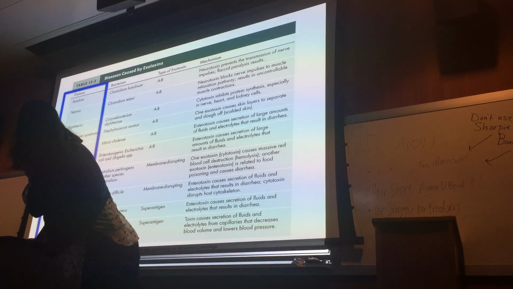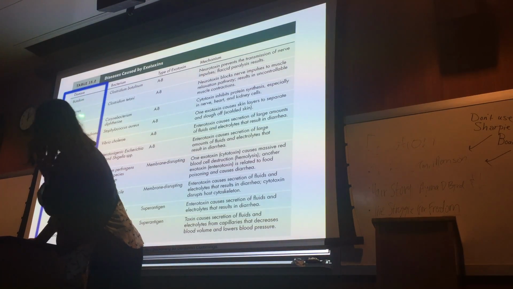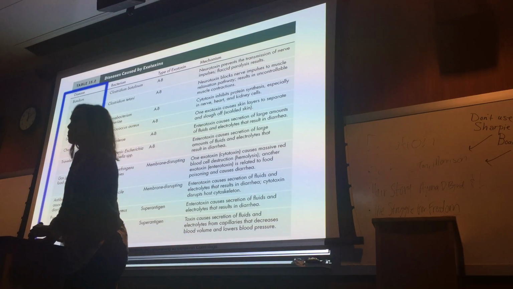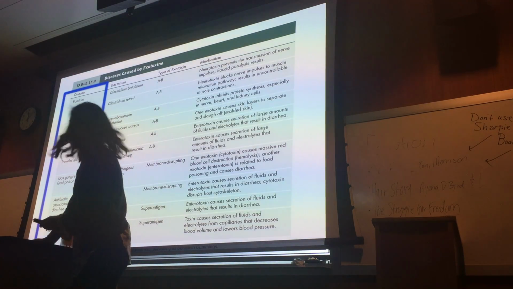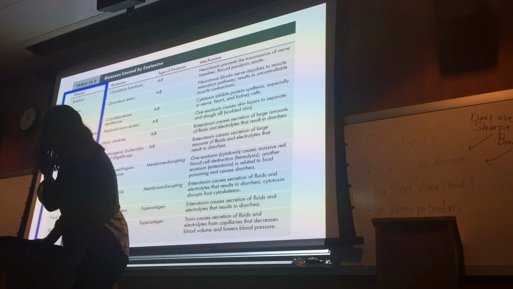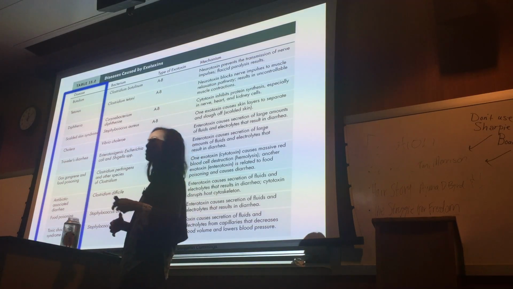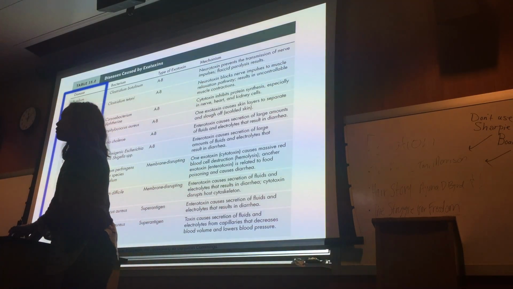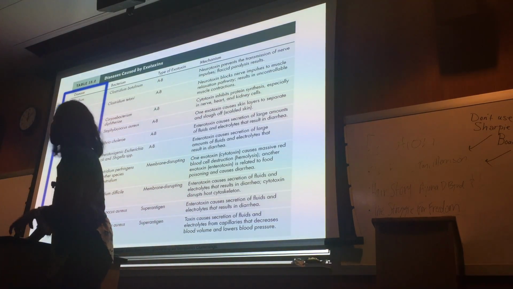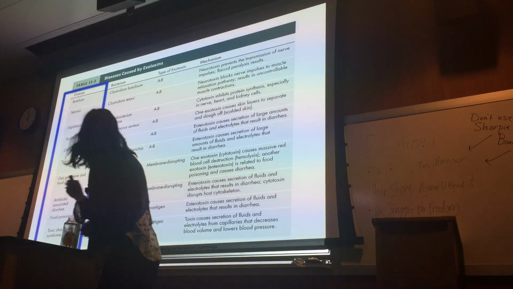Botulism is something we probably are not familiar with, but that's another disease that we're going to talk about that's also caused by a toxin. Diphtheria, we're going to mention a little bit. It's a respiratory disease, so it gets moved around through coughing and sneezing. That's also through a toxin.